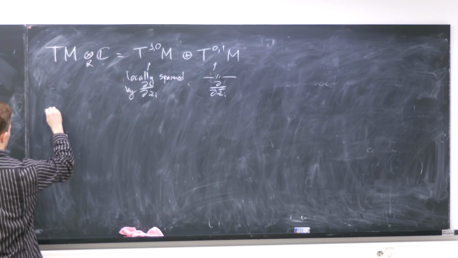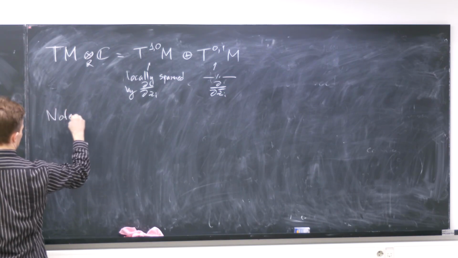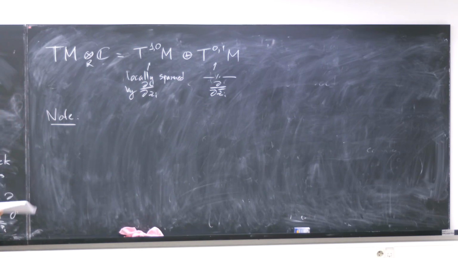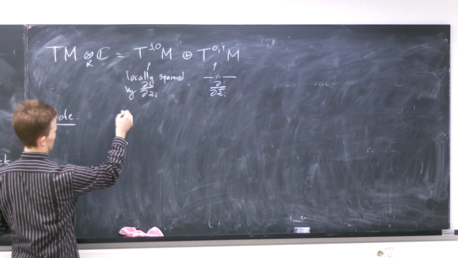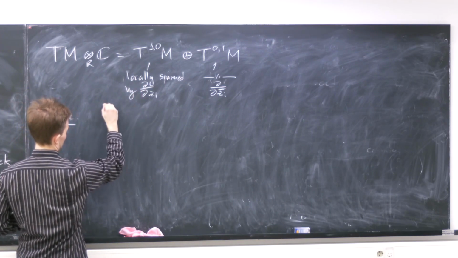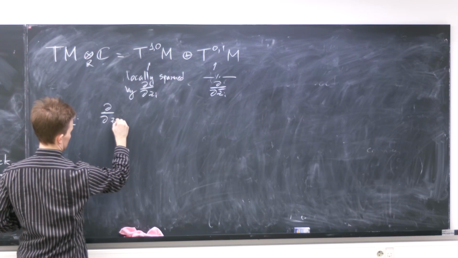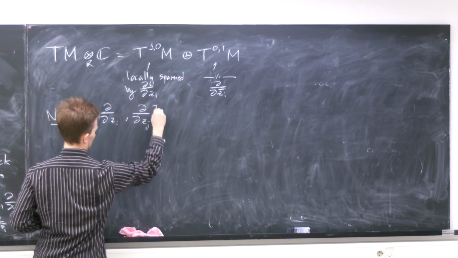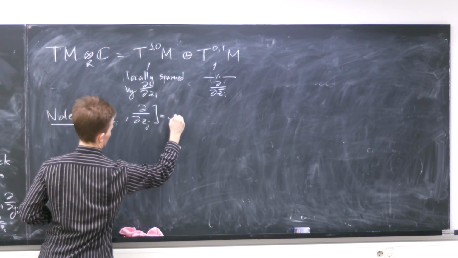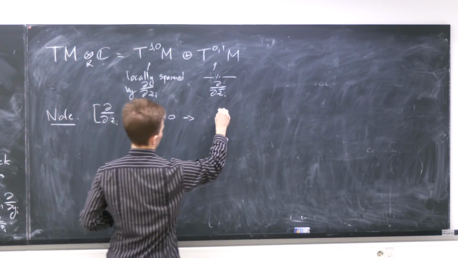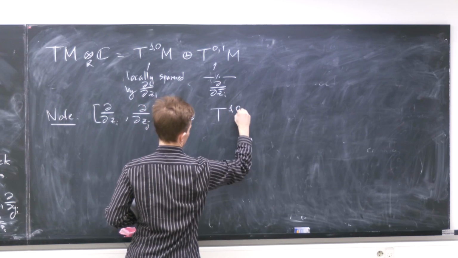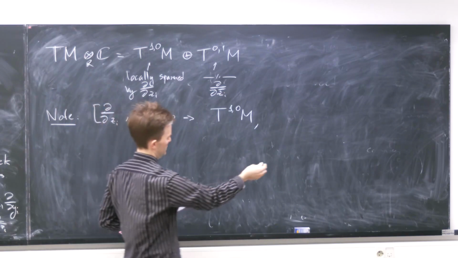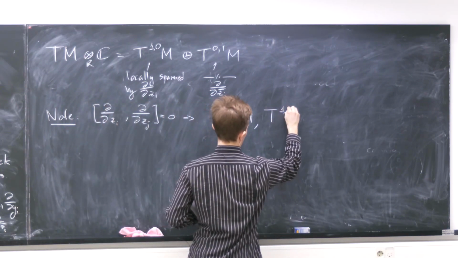So we can note easily that in our case, when we started from the complex manifold, then obviously these holomorphic vector fields commute with each other. And this implies that the subbundle T10 is closed under Lie bracket.